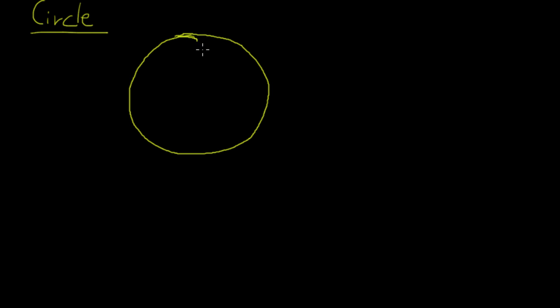Okay, so it has this center right in the middle. The middle is called center, and the distance from center to the outside line of the circle, this distance is radius.